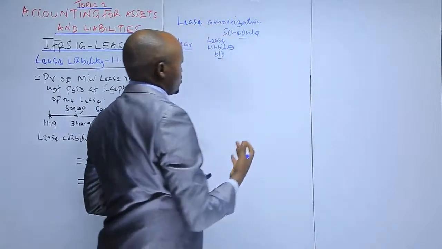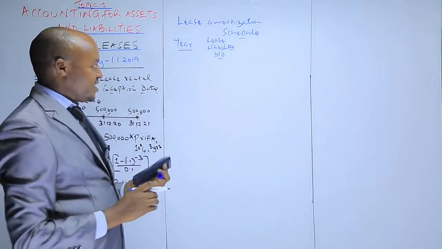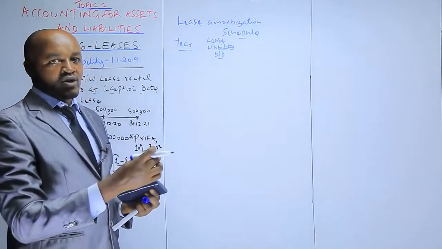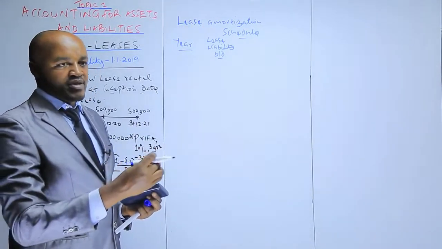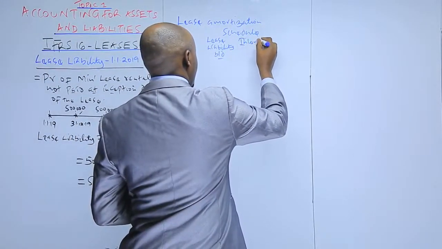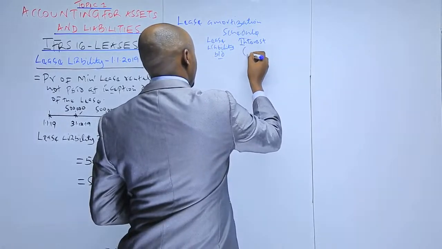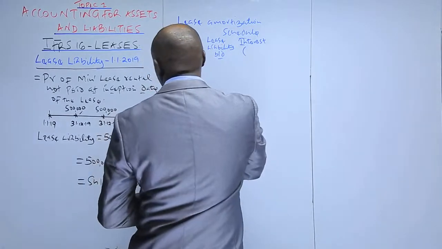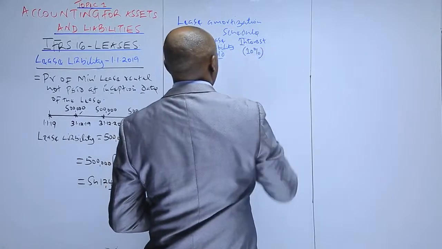Then the next column which follows always depends on when the rent is payable. If the rent is payable at the start, the next column should be for the rent paid. If the rent is payable at the end of the year, the next column should be for the interest. Because our rent here is payable at the end of the year, our next column should be for the interest, computed based on the rate of 10%.